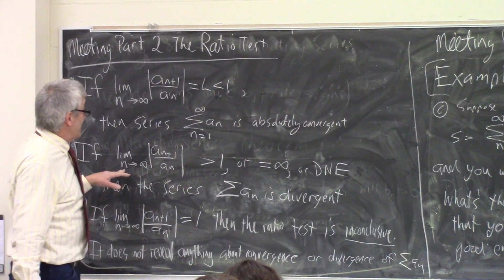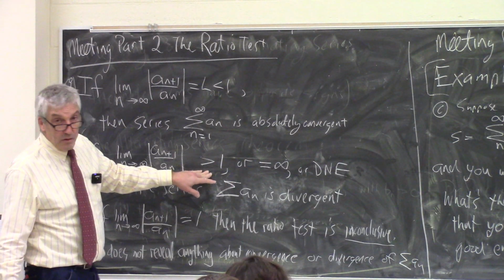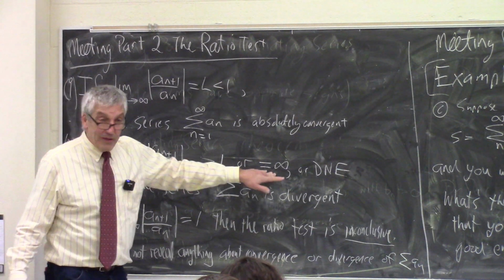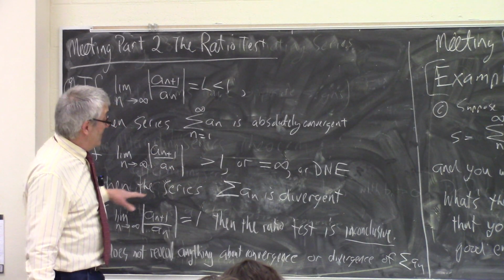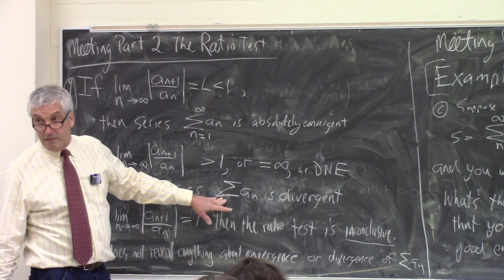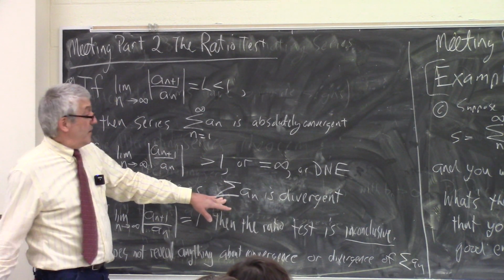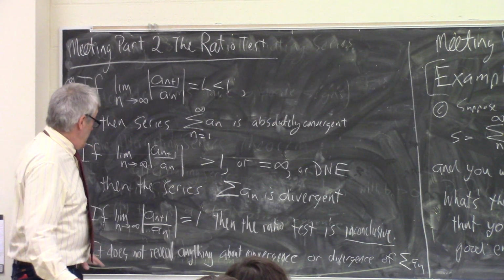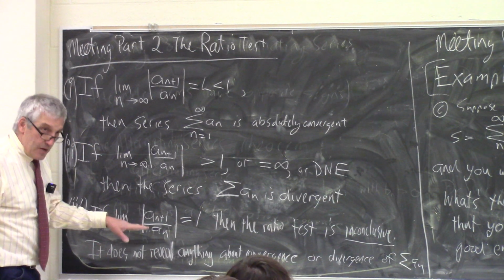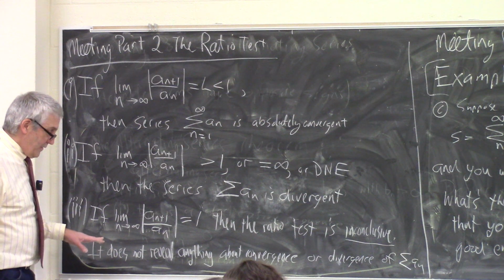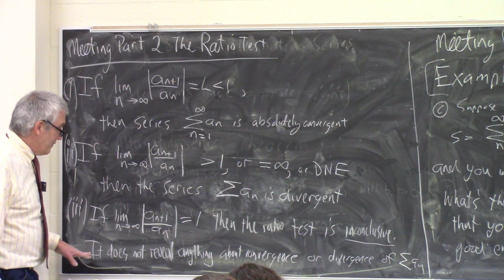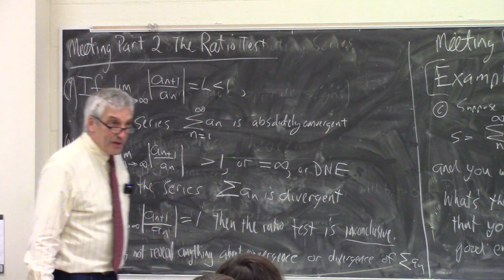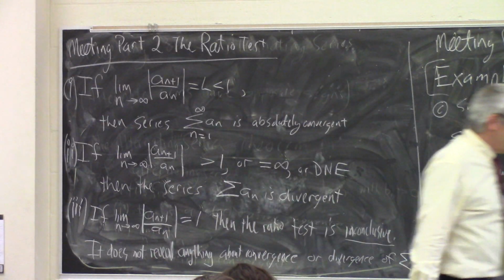On the other hand, if that limit is a number greater than 1, or infinity, or if the limit doesn't exist, then the series is divergent. And if the limit equals 1 exactly, then the ratio test is not conclusive. It does not reveal anything about whether the series converges or diverges.